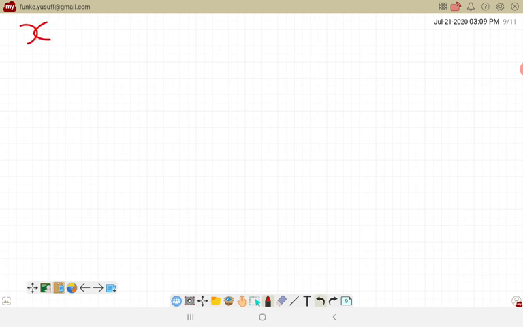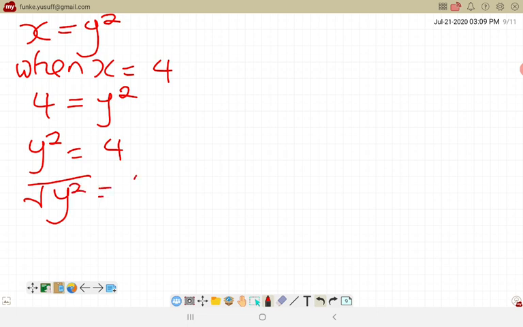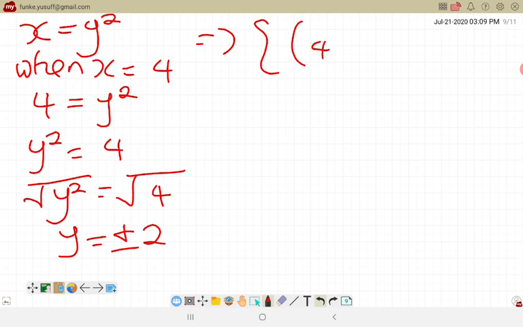Consider this relation x equals y squared. Okay, now when x equals 4, you have 4 equals y squared, or y squared equals 4. If you take the square root of both sides, you have y equals plus or minus 2, right? So this set of solution will now give you (4, 2) and (4, -2).